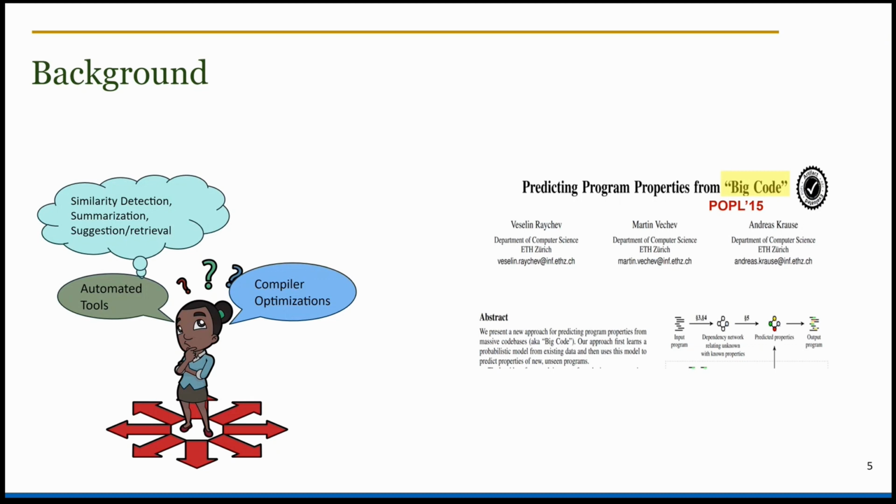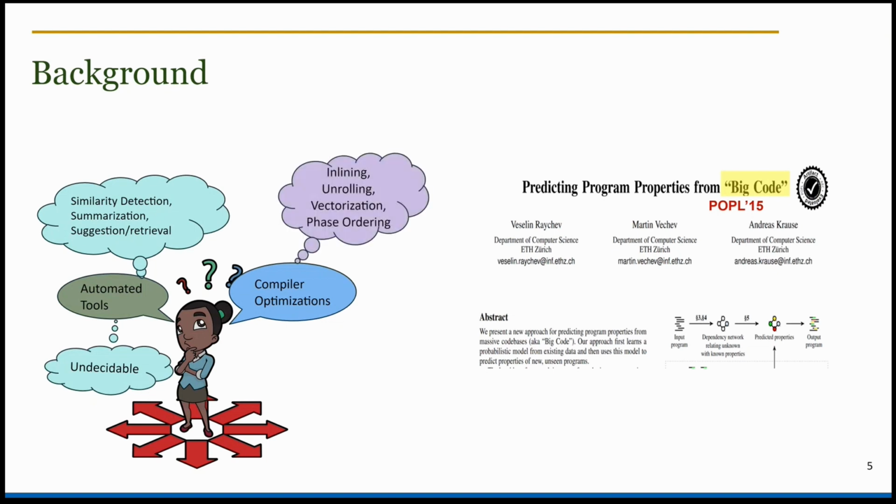And other variations like code summarization at different levels. It can be roughly comment generation, or summarization in the form of method name prediction, or even comprehending what the whole function does, right? Other applications include code suggestion or retrieval, something of the sort of a code search engine, right? And if you look at all these tasks, they are kind of undecidable in nature, as you all know.